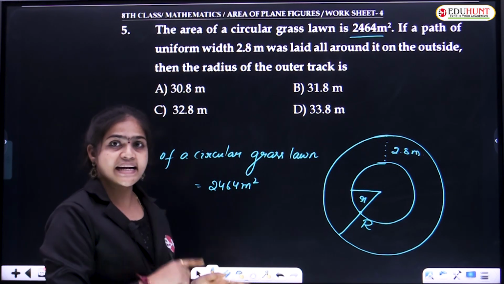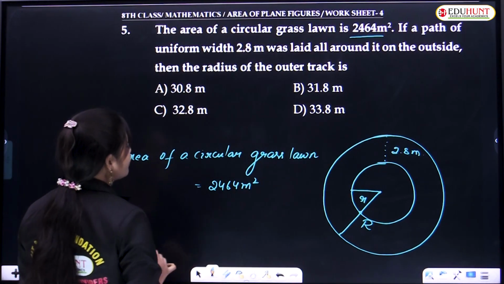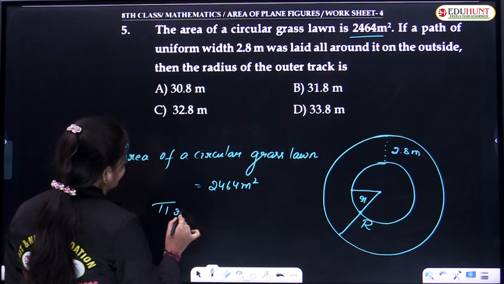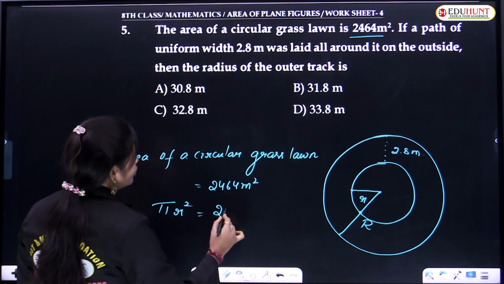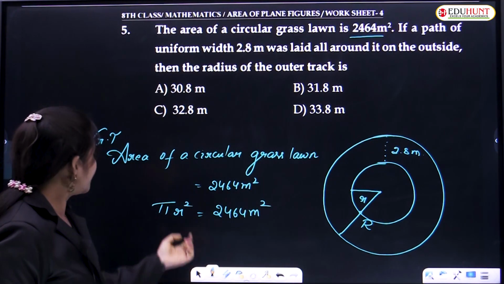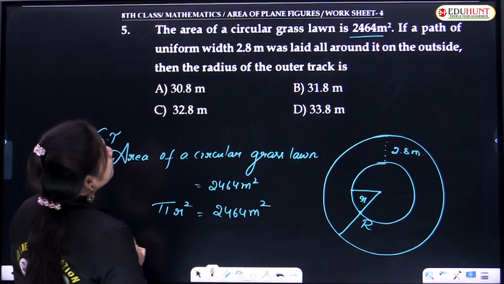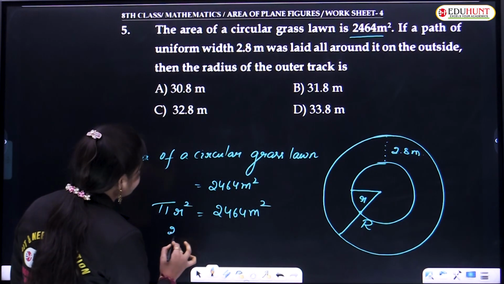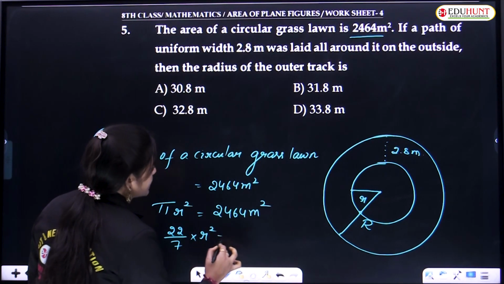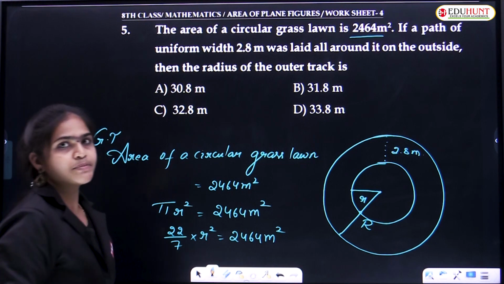Grassland means inside circle, and inside circle means what is the formula? Pi r square is equal to 2464 meters square. First from this find out the smaller value. Pi value also they didn't mention, then 22 by 7 into r square is equal to 2464 meters square. First find the smaller radius.